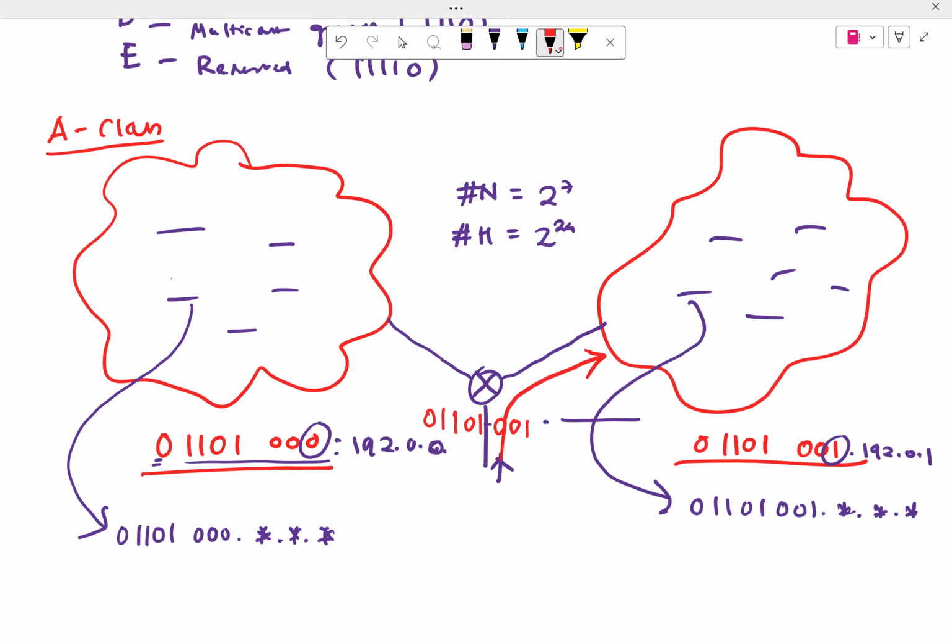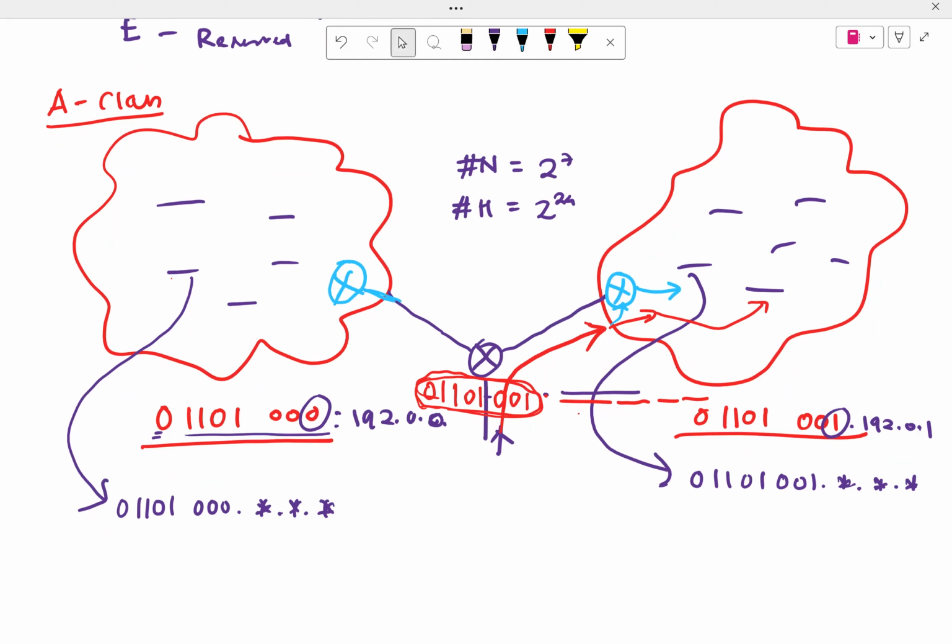This router will not think about anything, because it saw the starting address, and this is the network address, because this is a class A network and the first 8 bits represent the network. Whatever address is present after this point should be inside this network somewhere. Maybe here, maybe here. We don't know, but it should be inside this network. The router will just redirect it inside, and the router inside this network will decide where to send it. There is a router inside this network as well.